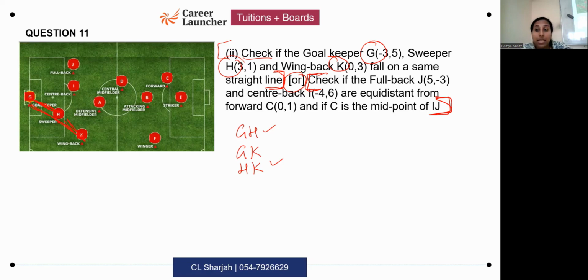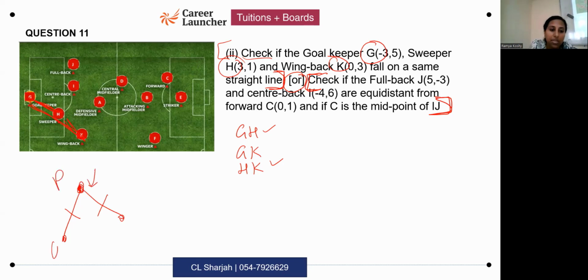If a point is equidistant from two other points and if the point is on the same line as the two other points, then we are using the midpoint formula. But if it is not given they are on the same line and if it's only given it's equidistant, please do not use the midpoint formula. You're using the distance formula.